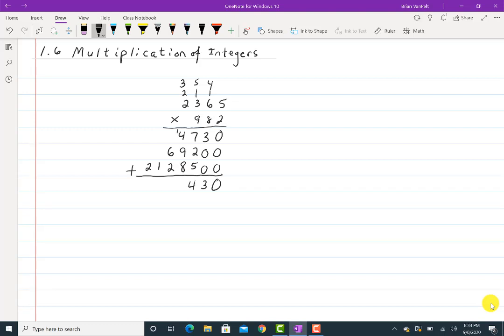And then I have 1 plus 4 is 5, plus 9 is 14, plus 8 is 22. Carry the 2. 2 plus 6 is 8, plus 2 more is 10. I got a 0 there. Carry the 1. 1 plus 1 is 2. I just bring down that last 2.